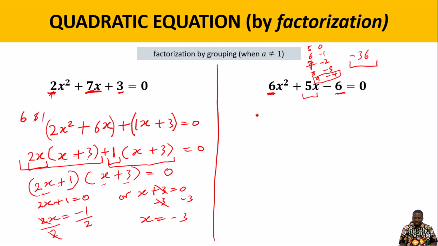Which means that if we want to rewrite this, we can say 6x squared plus 9x minus 4x, this is the same as 5x anyway, minus 6 equals 0. Now, we are looking for the common value that we can extract.